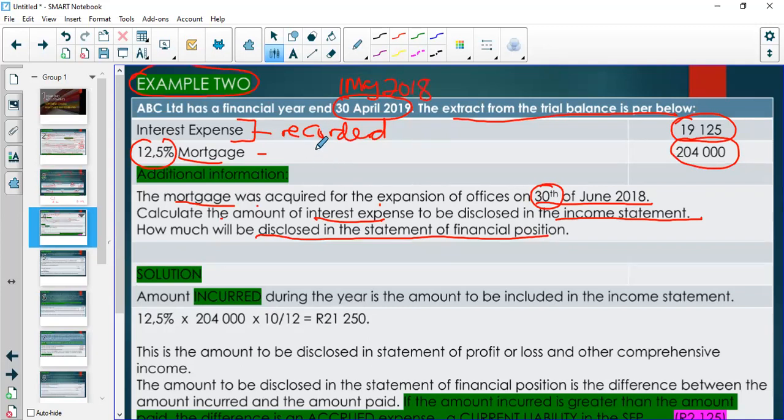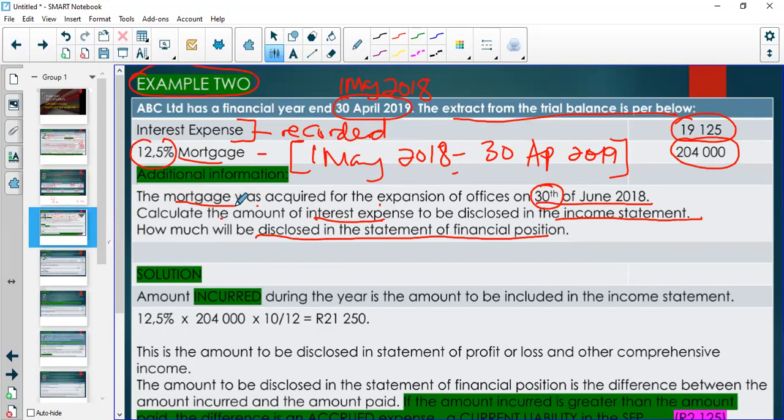So we're covering the period 1 May 2018 to 30 April 2019. So what this means is that any expense that we incurred during this period should be reported in full, whether we paid that or not.